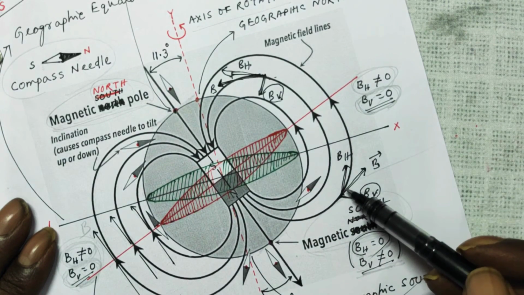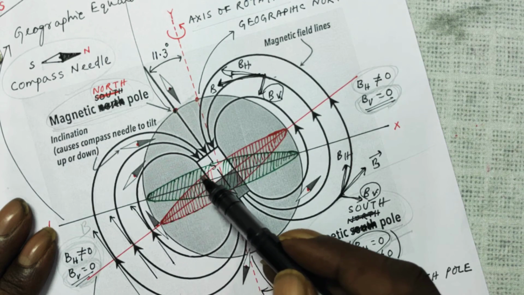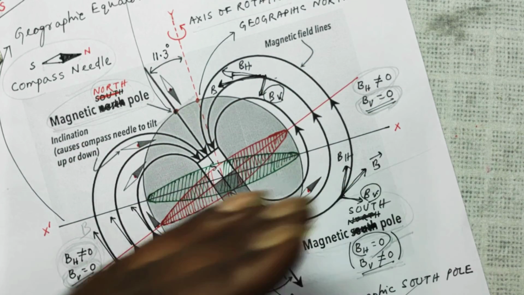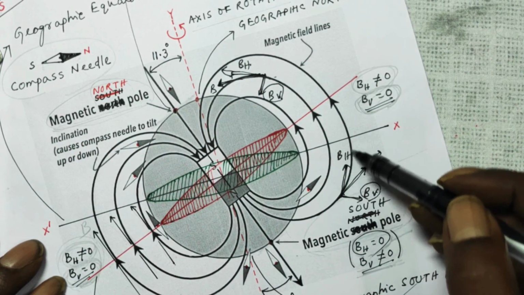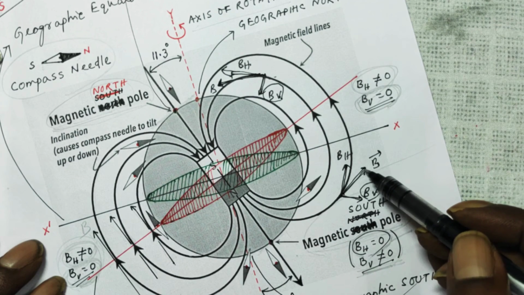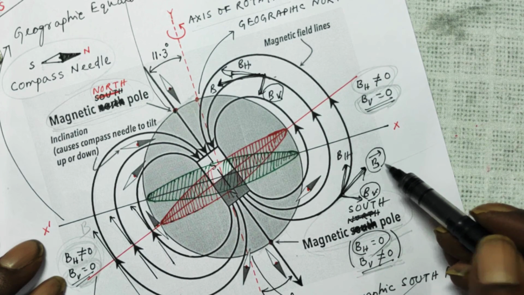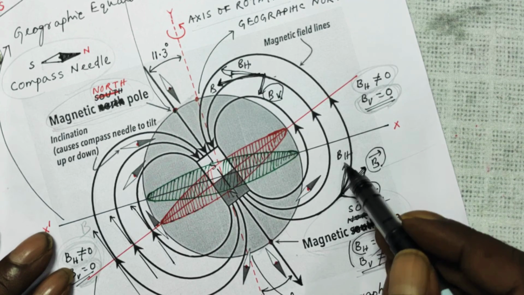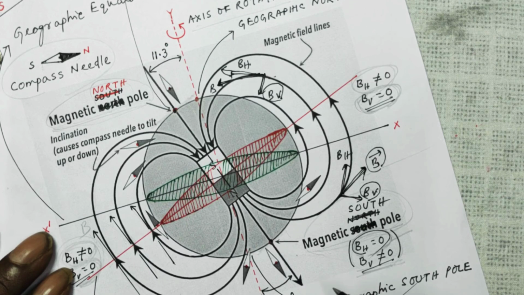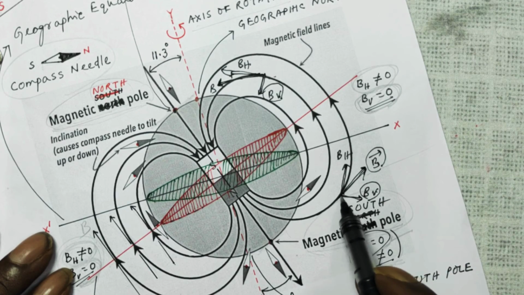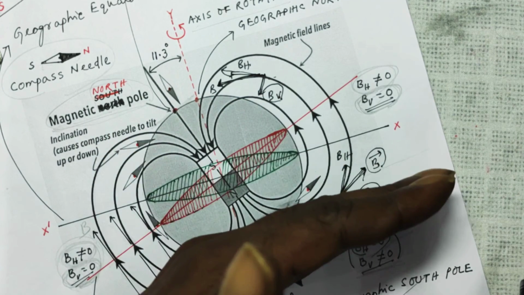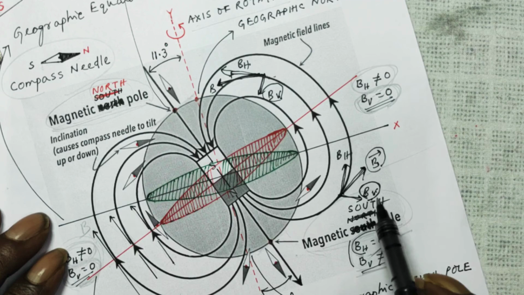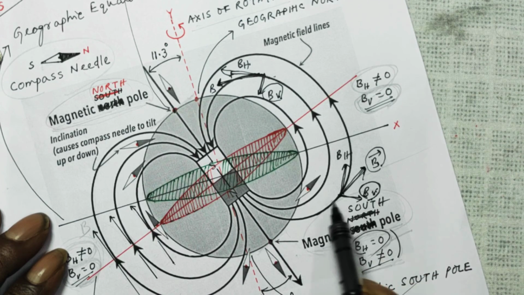Below this red line means this is your magnetic equator. To this side of the magnetic equator, at any point on the magnetic field line, if you draw a tangent, that will give you the direction of the magnetic field. It will have two components, the vertical component and the horizontal component. So on this side, the vertical component of the Earth's magnetic field is pointing away from the surface of the Earth.